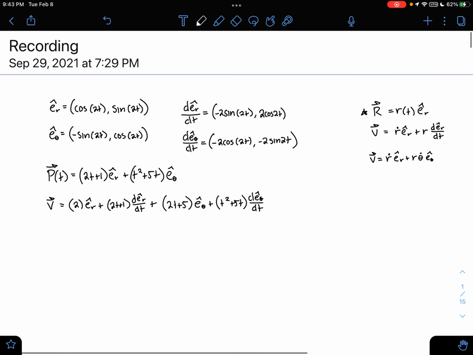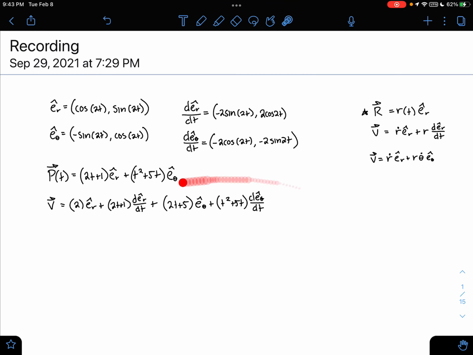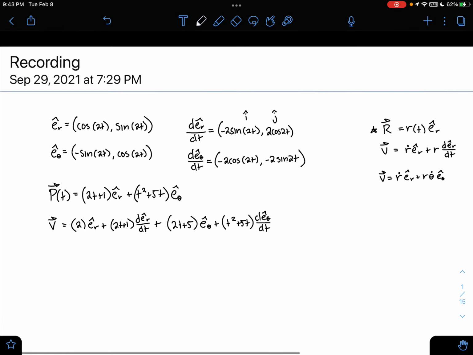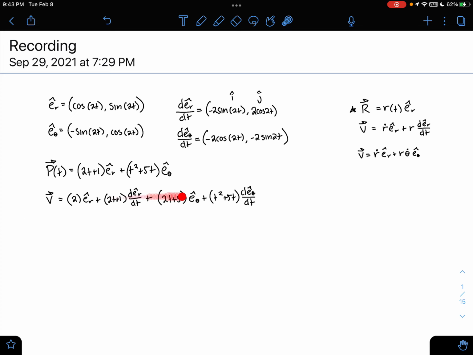So if we plug in all of this mess, we can plug this in too, because this is just going to be a vector in the i hat and this in the j hat direction, those are rectangular coordinates. Plug that in here. That's your velocity vector.